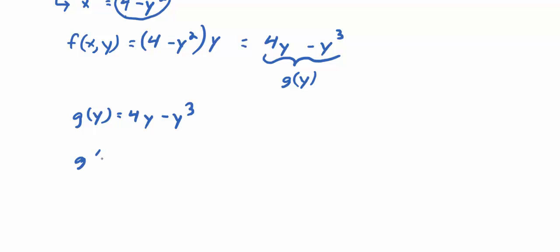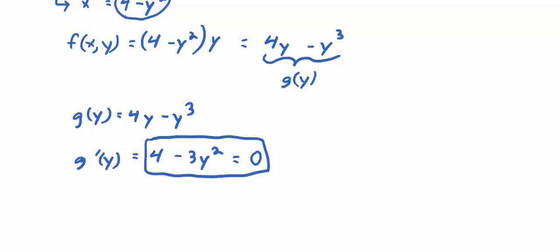So we could take g prime of y, get 4 minus 3y squared, set that equal to 0, and solve to get the y part of our critical point.